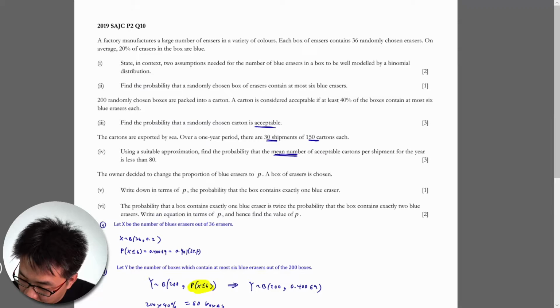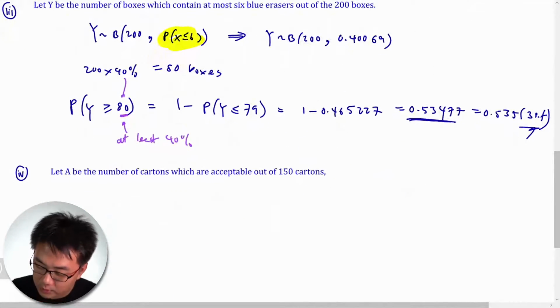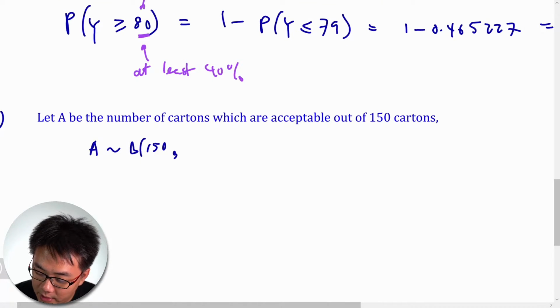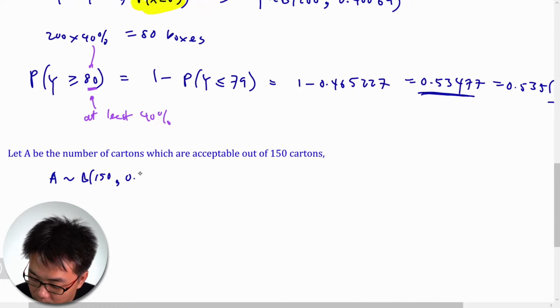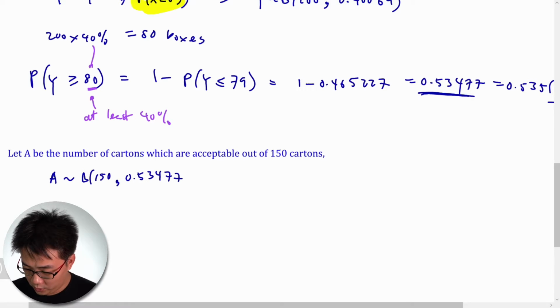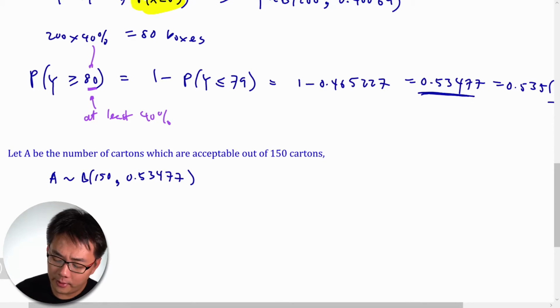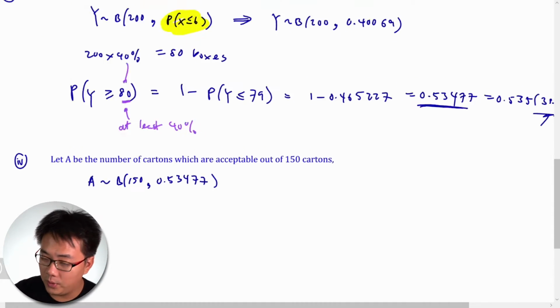Just use acceptable, because it's acceptable, right? So A is the number of cartons which are acceptable out of 150. So A is binomial with n equals 150 and probability 0.53477. You can use more SF if you want, but I'm just going to use 5 SF because I didn't write more just now. So anyway, we look at this part here.